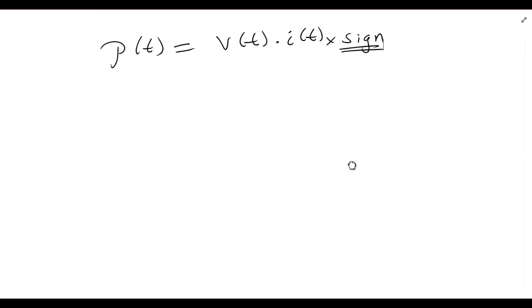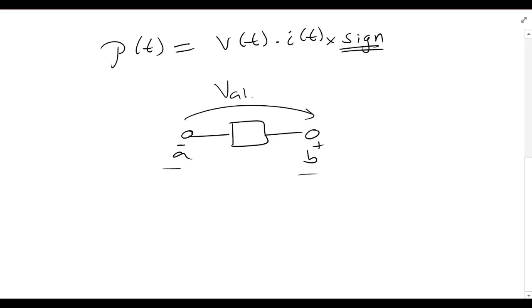So I once again begin by drawing my generic circuit element. And right now I'm going to put a negative here and a positive here. Remember, that means that A is the low energy terminal and B is the high energy terminal. There's a voltage VAB developed here. And now let us say that current I of t is entering this way, and I of t is greater than 0.